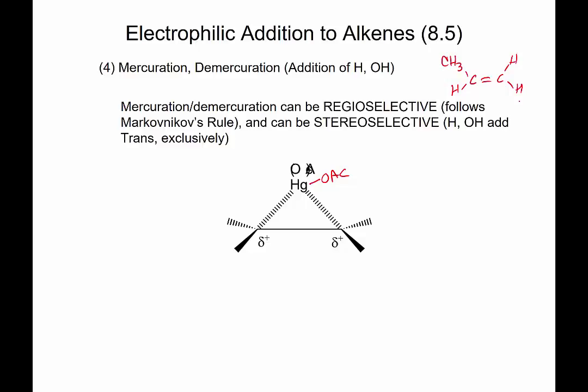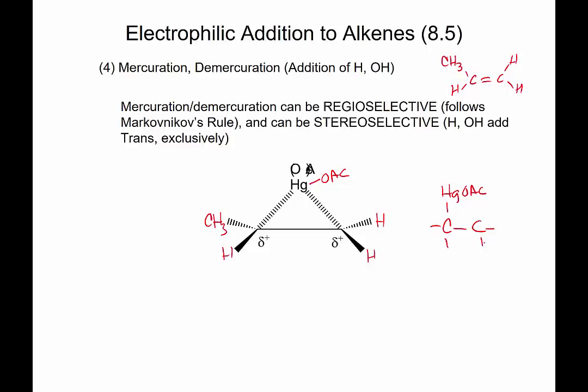And just to do it the way we've been doing it in the past, mercury is our electrophile. So what could I do? Well, let me superimpose those two so that I don't get lost. Let's say, for the sake of argument, that I add the mercury to the left carbon, and I'm going to treat it as if I'm just adding the mercury like an H+.